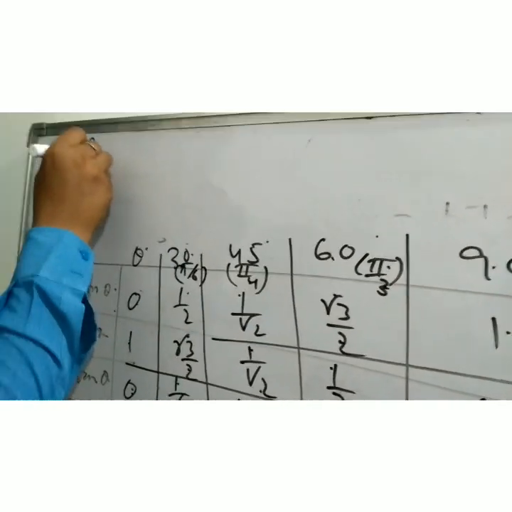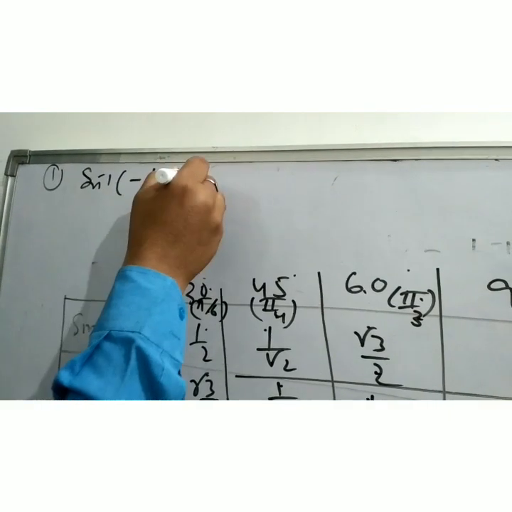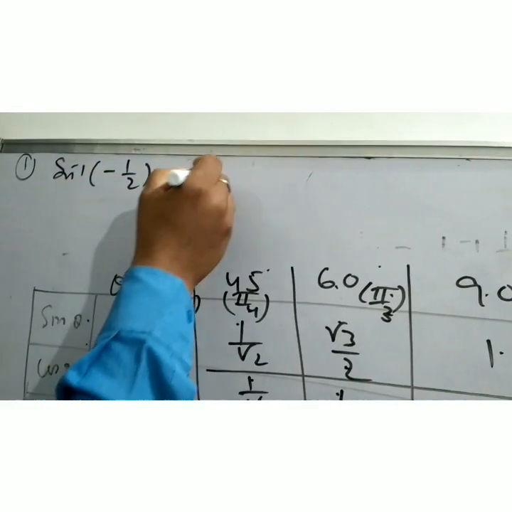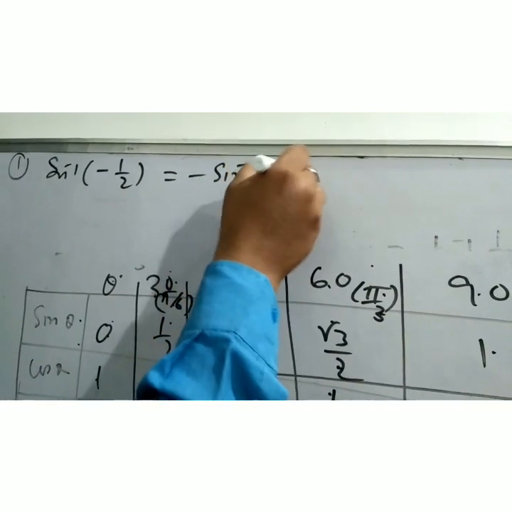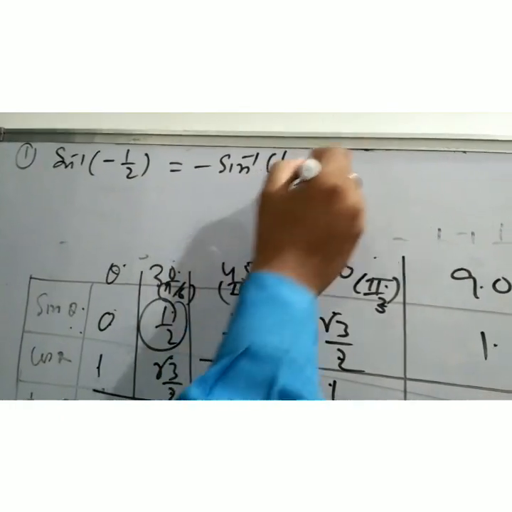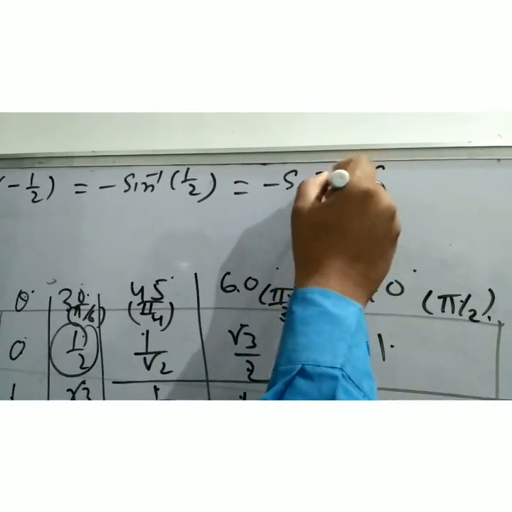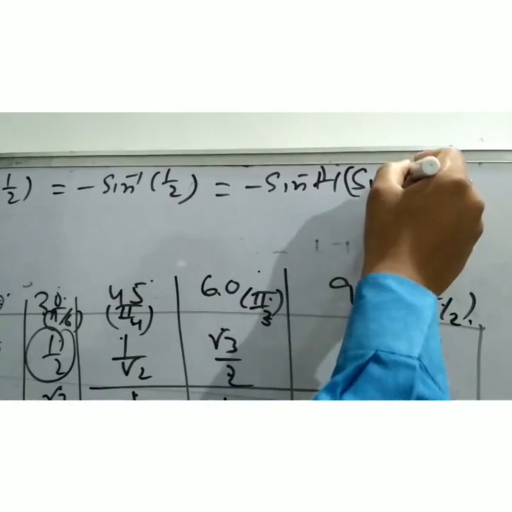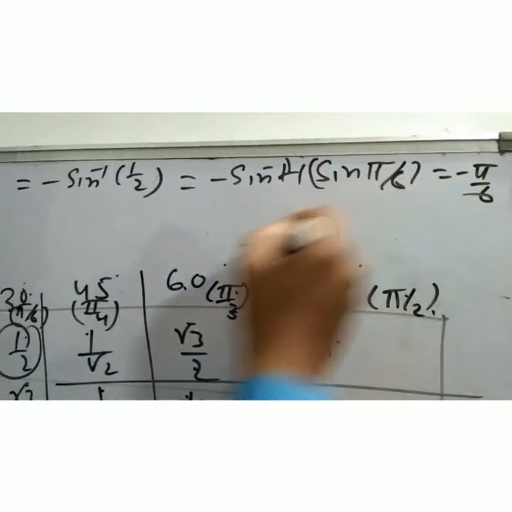The first one, what is sine inverse minus 1 by 2. You can easily do it: the minus comes out first in the case of sine, so minus sine inverse 1 by 2. So for the 1 by 2 value of sine, what is this? Pi by 6, that I can put here: sine inverse sine pi by 6, the value is minus pi by 6.